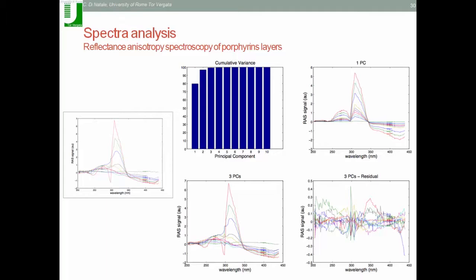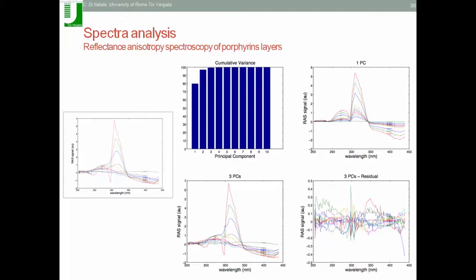Increasing the number of principal components, we find the interesting spectral features. Correlated here means that they are found in any sample, and since the samples are of the same molecule at different layers, these are important to describe the process of accumulation of the molecular film onto the surface. And this is what we have in the residual. If we stop at this representation, it is the original minus this one, and what we have is basically the noise.